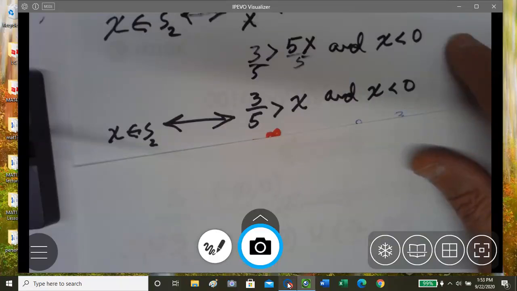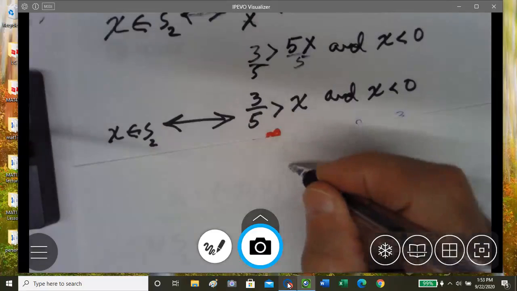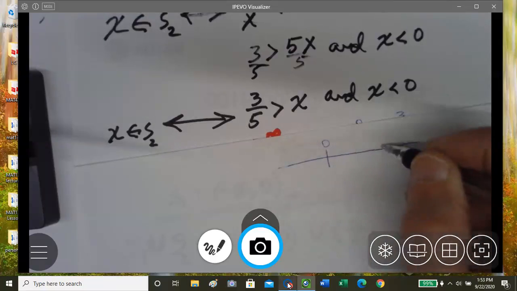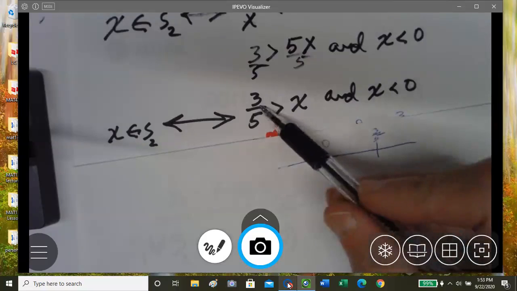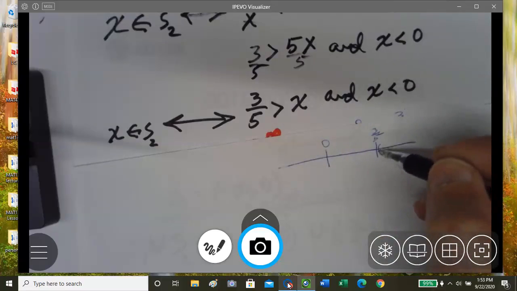Okay, so this time with this one, since we have 3 over 5, let's draw this out. Here's a number line. Here's 0, and here's 3 over 5. We're saying 3 over 5 is greater than x, so it's going to move to the right.